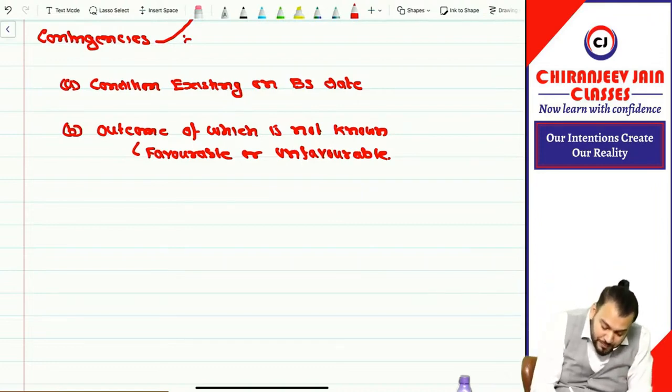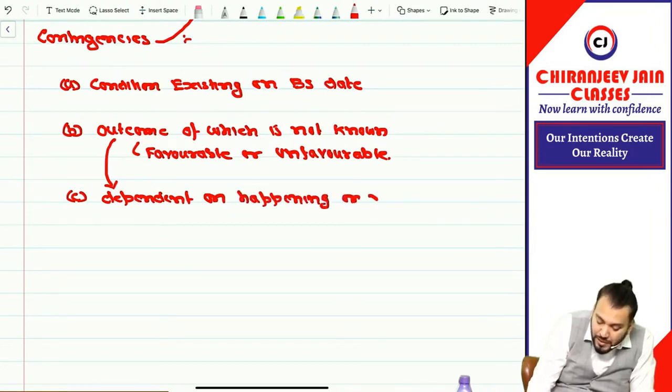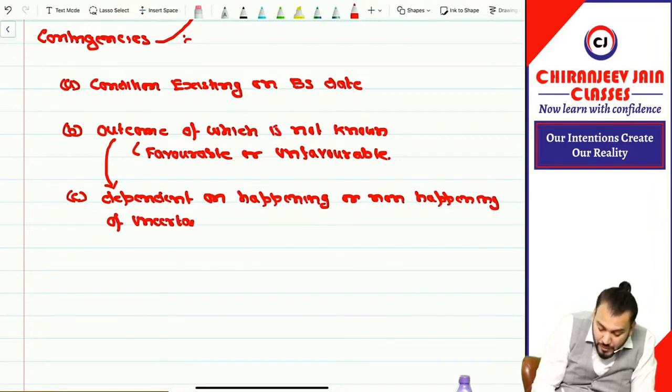But this outcome is dependent on what? Happening or non-happening of what? An uncertain future event. Correct?